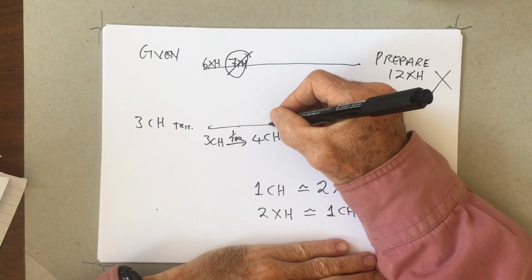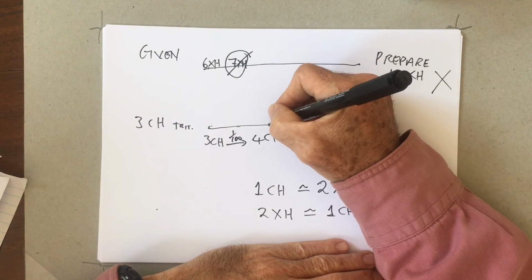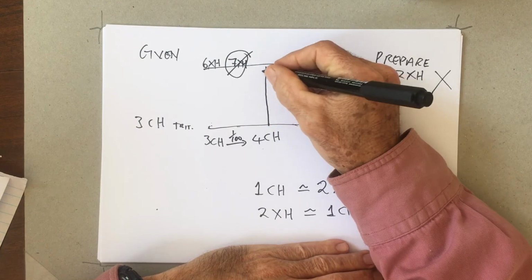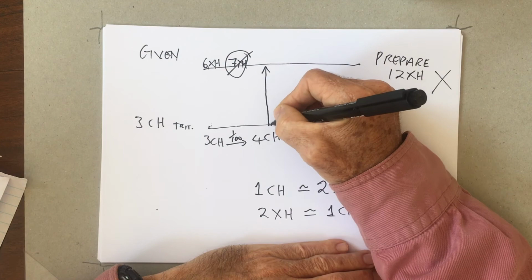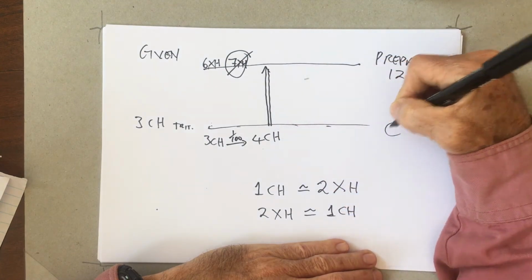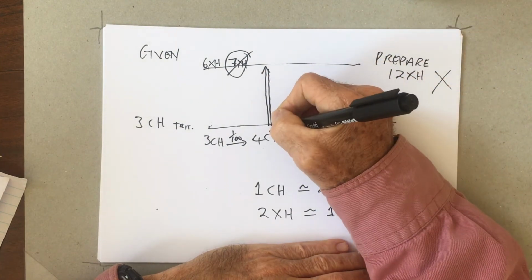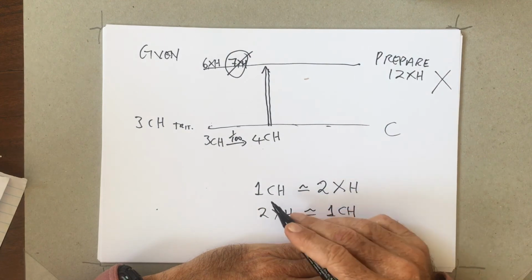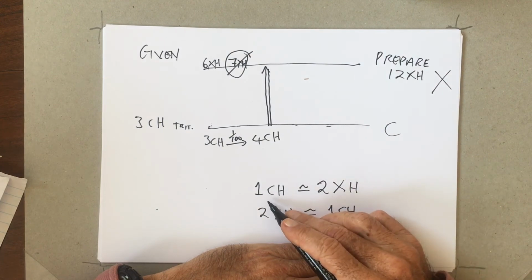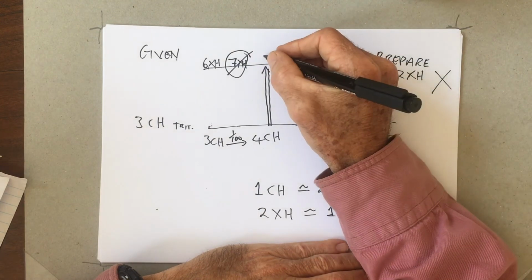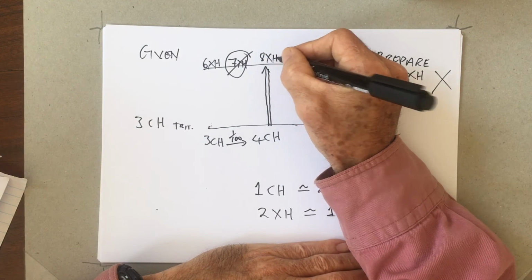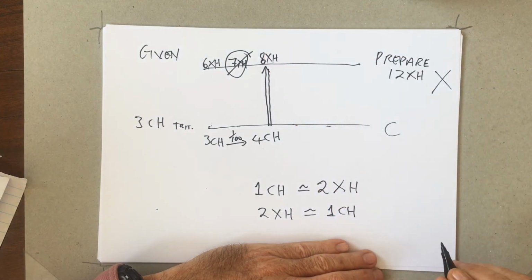Having done that, we can now bridge across here and get across from the C scale to the X scale, and we'll know that 4CH, according to this formula, must be 8XH, or at least equivalent to 8XH.